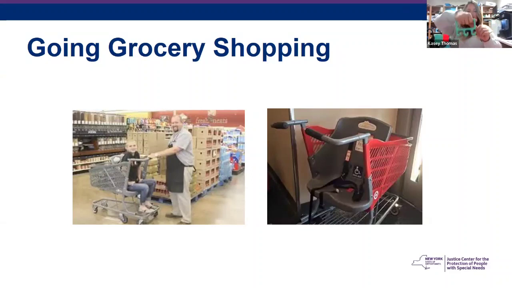So it provides more support, and then you can hang a bag from here. You can hang 3 different bags or 1 bag with more support, depending on the availability and the strength in your hands. Besides that, you have quite a few other things. You have the rollators that have the baskets underneath. You have quite a few different options for grocery shopping.